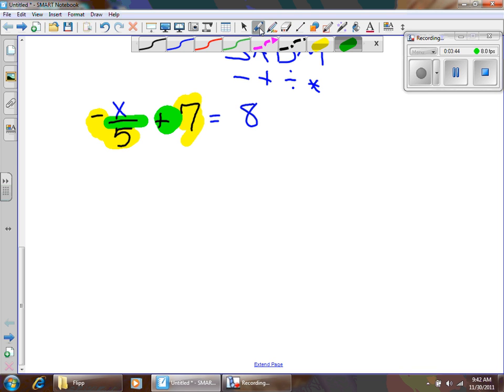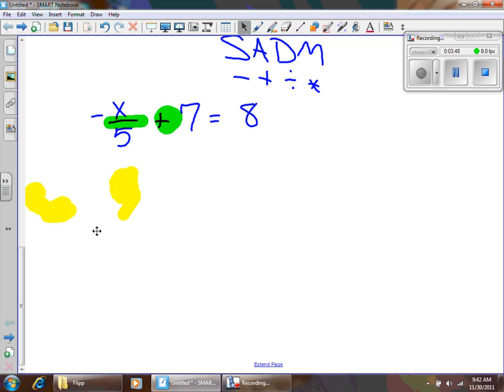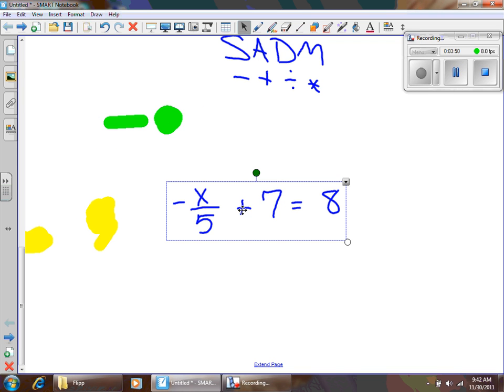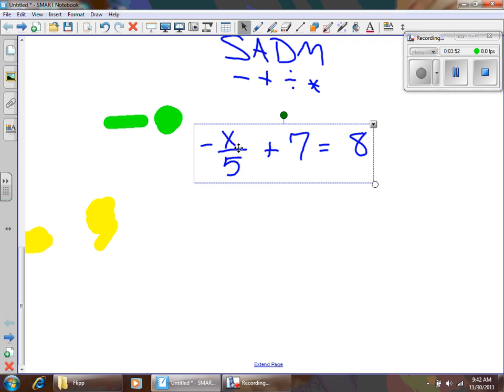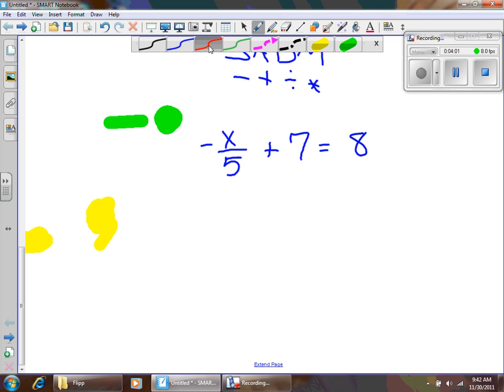Okay, which one am I going to undo first? The addition. Very good. Okay, according to Saddam, I am going to get rid of the addition first. How do I undo addition? I've already said subtraction. How much am I going to subtract? What am I trying to get rid of?